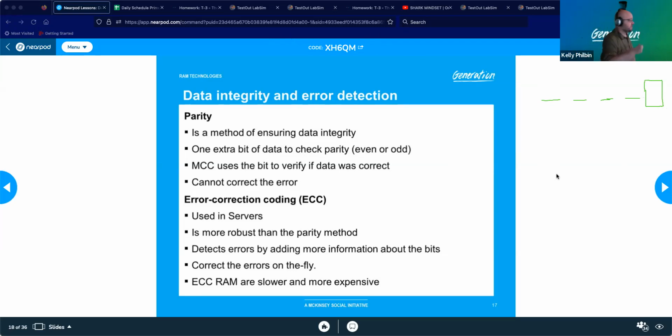Let's say we're sending packets to the memory controller in 4-bit chunks. We want to make sure that the information we're sending is the information that's getting received, to make sure it isn't being changed in transit or disrupted. So the easiest way to think of the parity bit is as odd or even. The parity bit is trying to make it even.